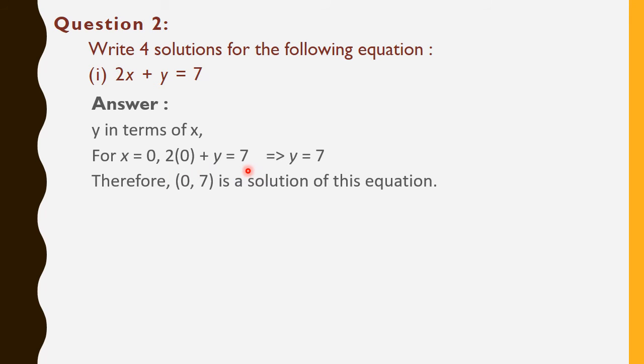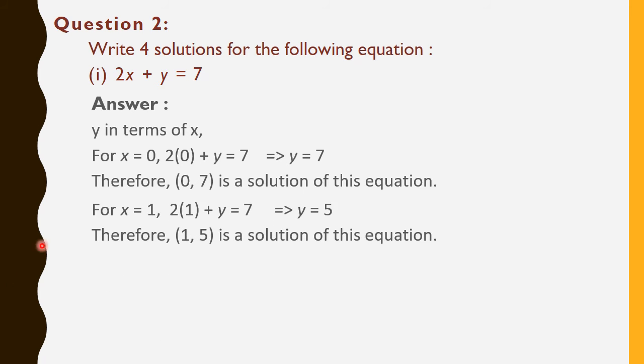If we solve it, we will get the value of y as 7. So for x equals 0, we get the y value as 7. So our ordered pair will be (0, 7). We have learned it in the previous video. Therefore, the solution is (0, 7). This is solution number 1.